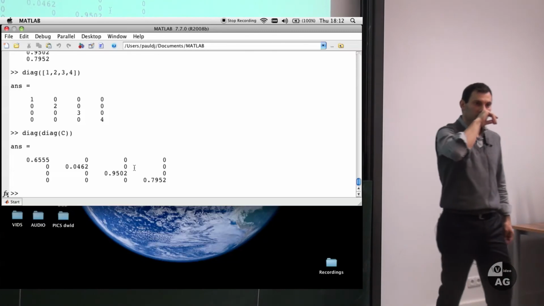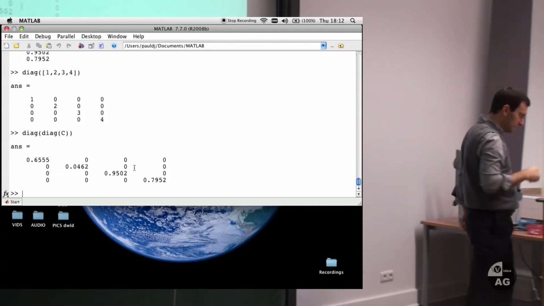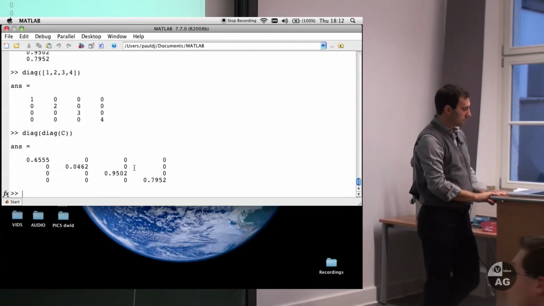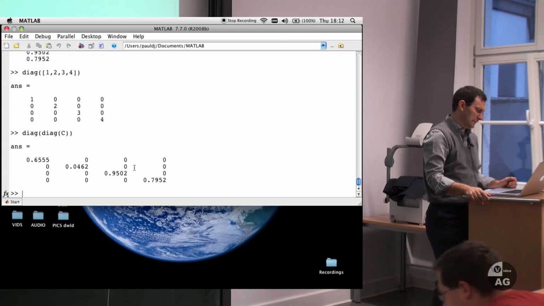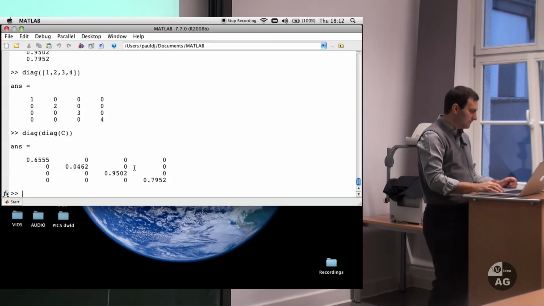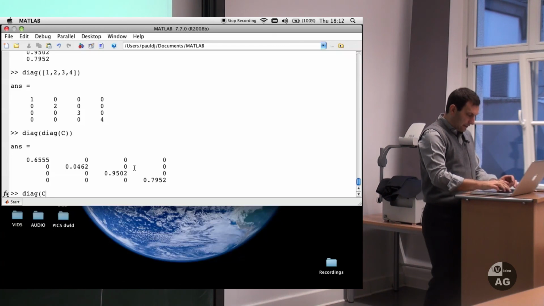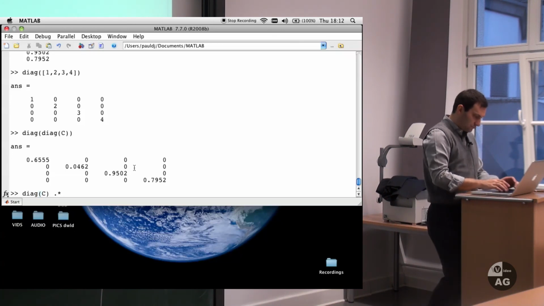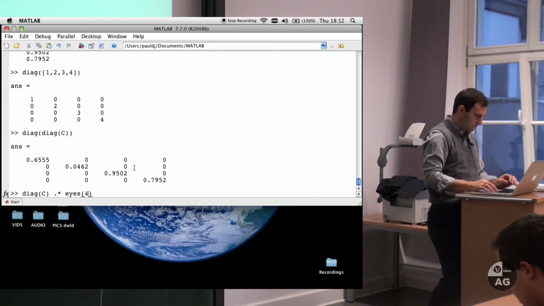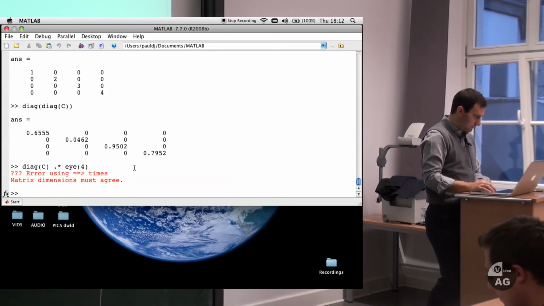Yes? You could receive the same result by C point multiplicating with eye of 4. That's a very good point. I like this. eye of 4, it's I. Once.